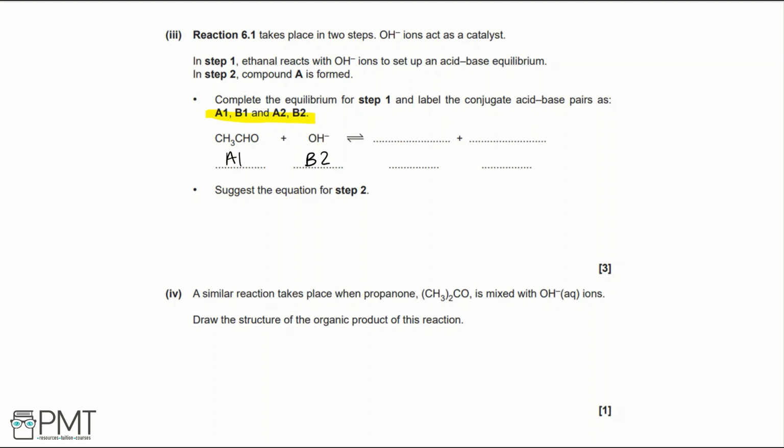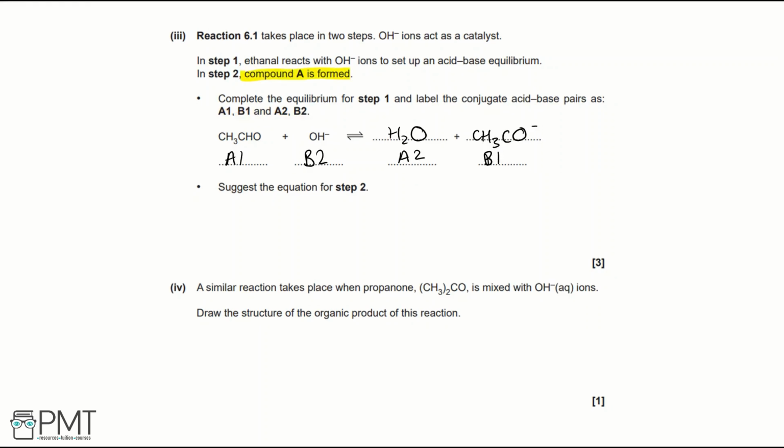The acid, CH3CHO, is a proton donor, so it's going to donate a hydrogen to OH-, which means we're going to produce H2O and CH3CO-. Finishing the labels, we would have A2 and B1.